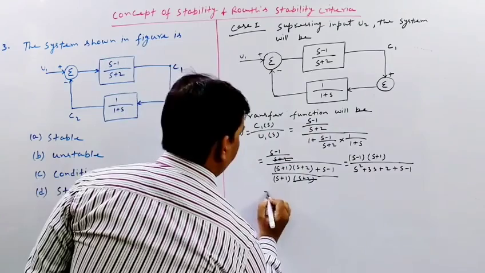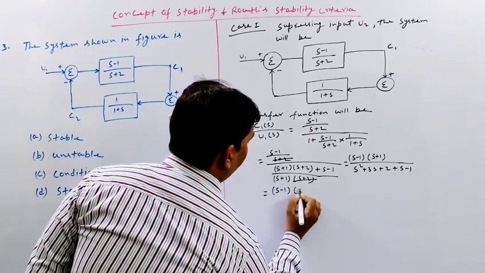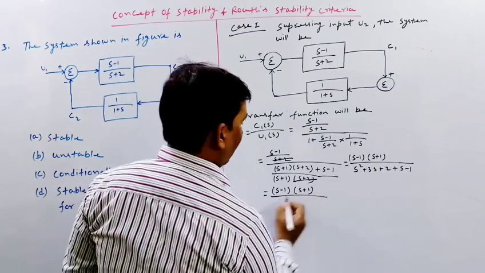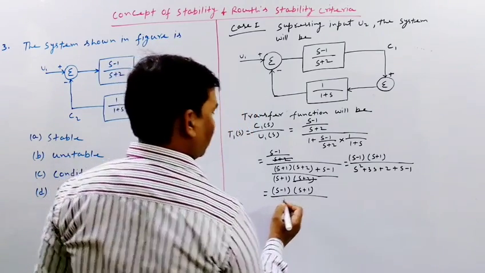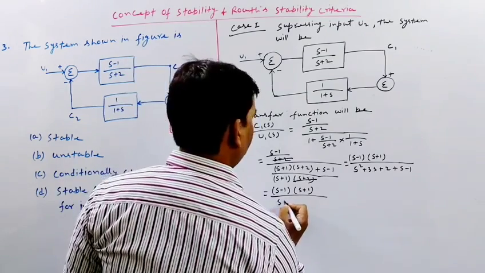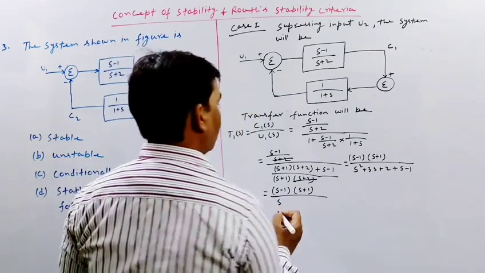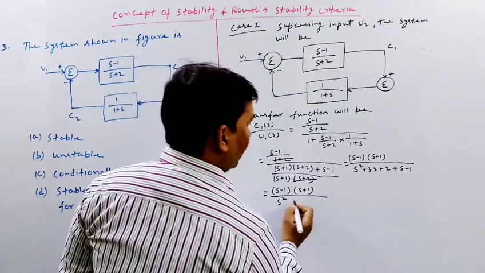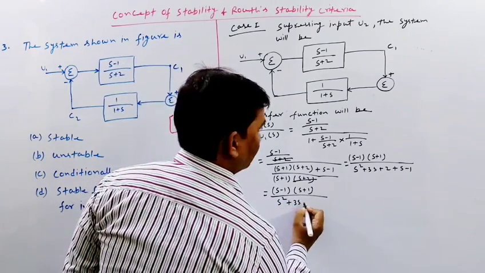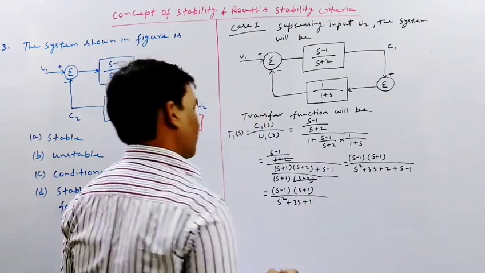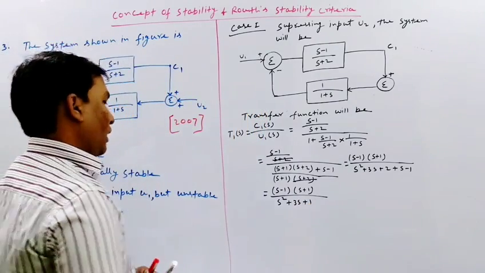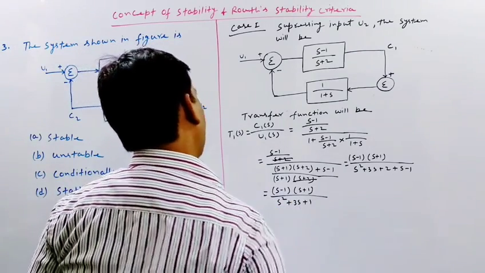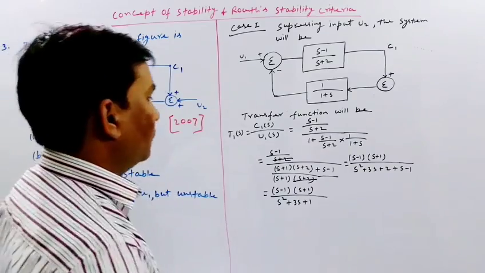Now it will be S minus 1 into S plus 1 divided by S square plus 3S plus 1.